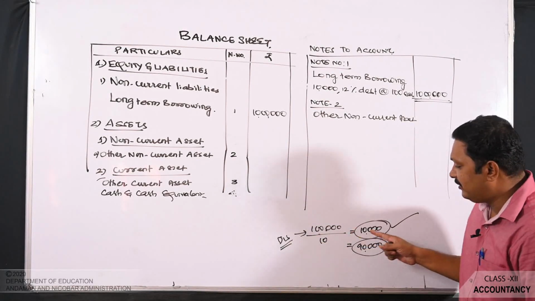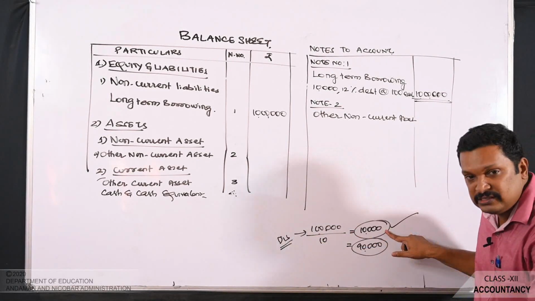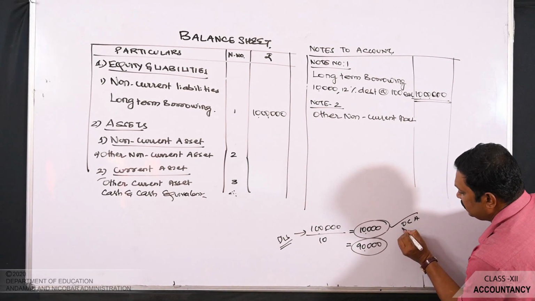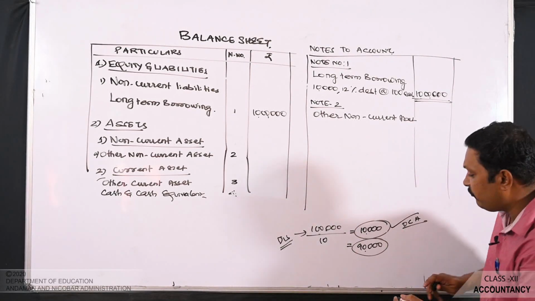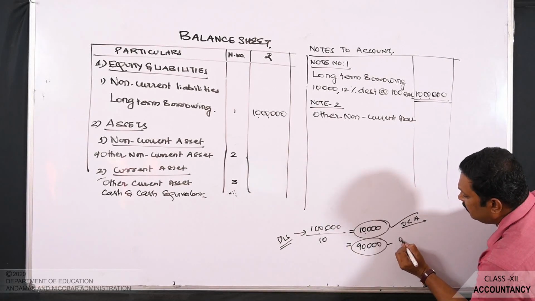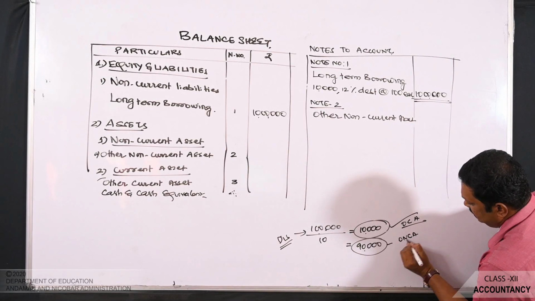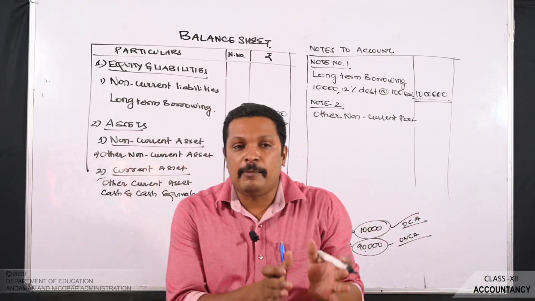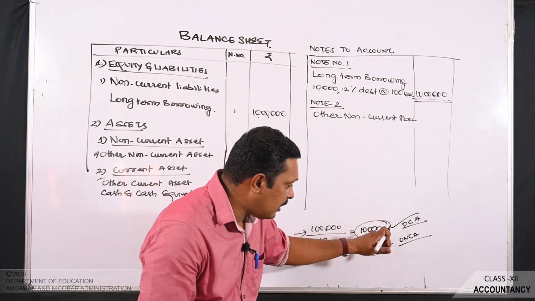Out of the discount on issue of debentures of 1 lakh, 10,000 is going to be written off this year. So we have to write it in other current asset. And the balance amount will be left with other non-current asset. Clear? The written off portion will be in other current asset.